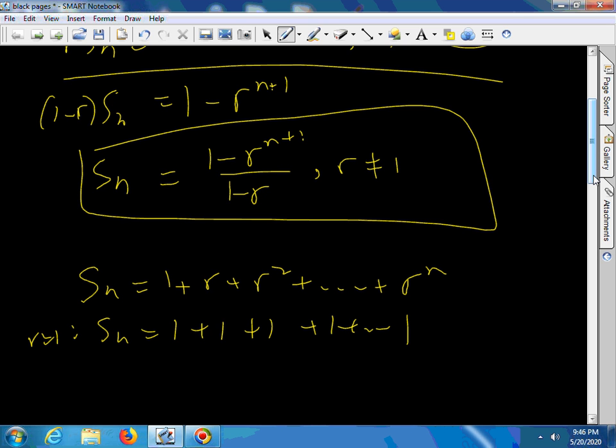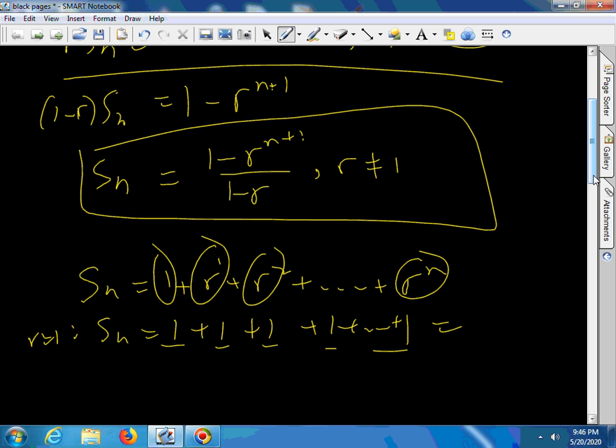All the way up to 1 to the n, and 1 raised to the n is 1. So we're adding up 1s, and we'll call that the first time we added 1, and that's the second time, and that's the nth time, and that's the n plus 1 time. So we're going to get n plus 1 times 1.